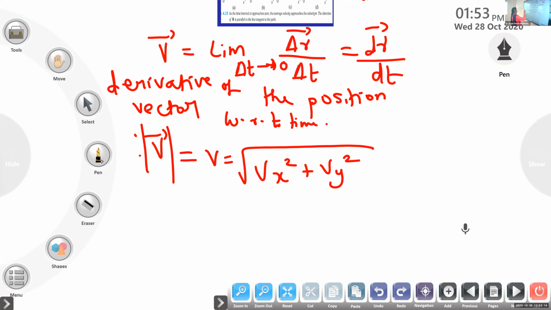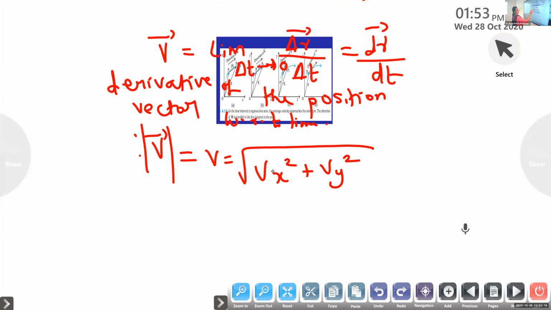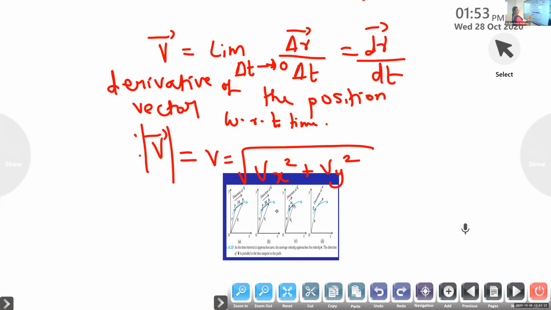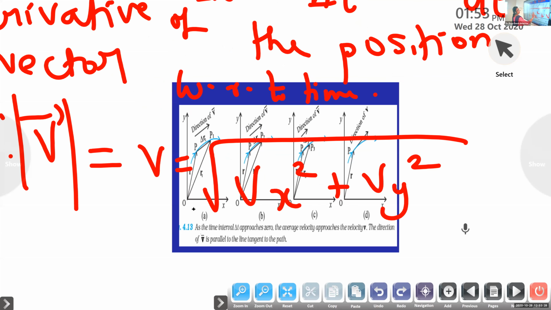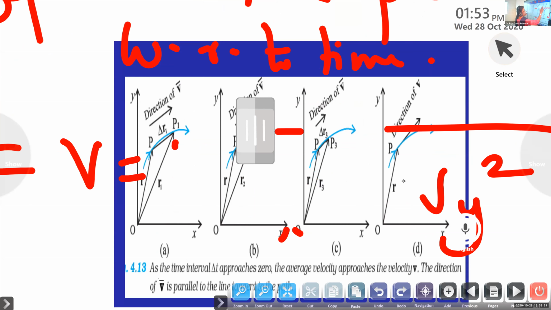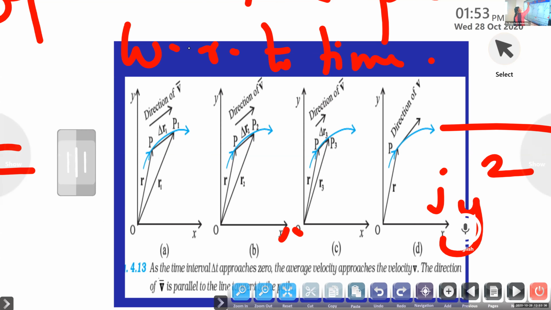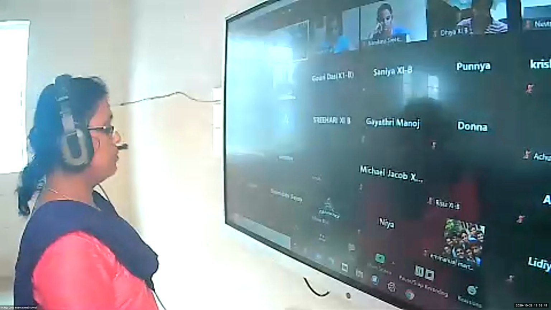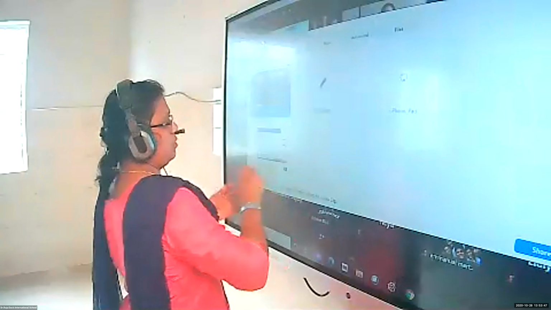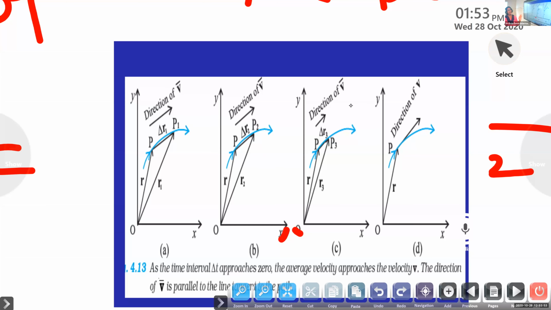Now let us see the diagram, how we can represent that. So this is the depiction of instantaneous velocity.